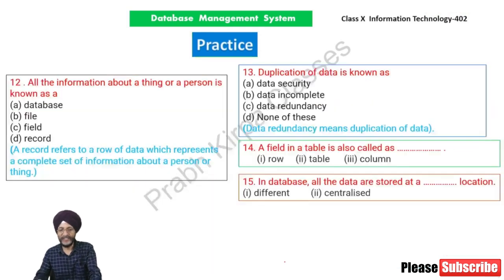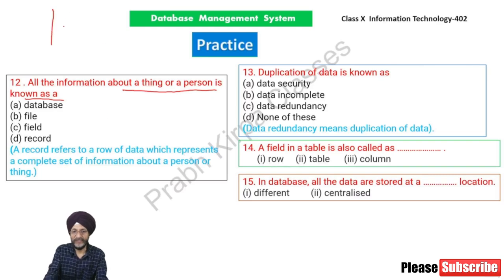Next, all the information about a thing or a person is known as, if this is the table, suppose this is the student table. Here we have assigned student ID, here we have given his name, here we have mentioned class.